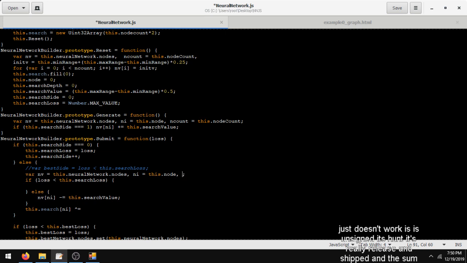So I'm going to need, I think I'll call it XV, XOR value. For this, on the right side, the XOR value is going to be 1 shifted by the search depth, like that.